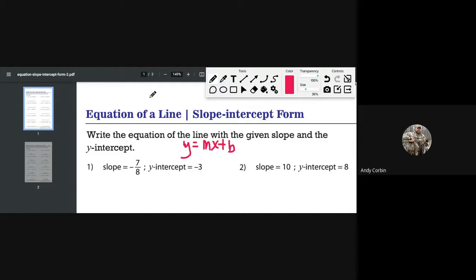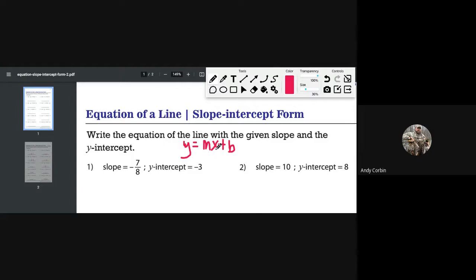So here's what I want you to do. If you haven't read the instructions yet, I want you to come up with an equation of the line in slope intercept form. And so this is our good friend slope intercept form right here. Y equals mx plus b. And so it turns out if an equation is solved for y, in other words, y is by itself, we have this thing called slope intercept form.